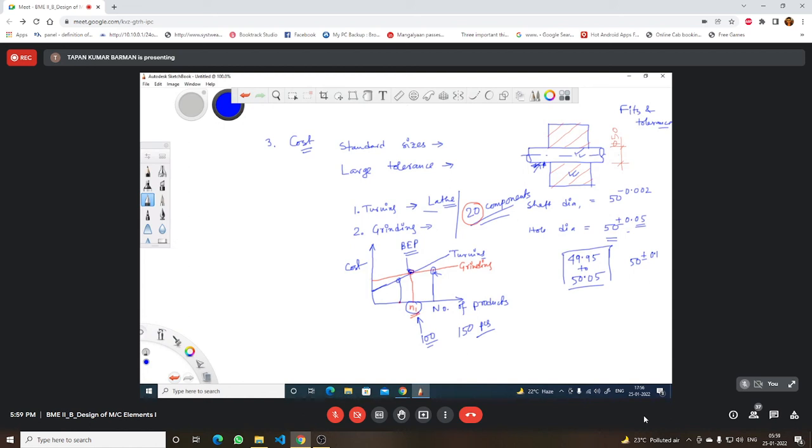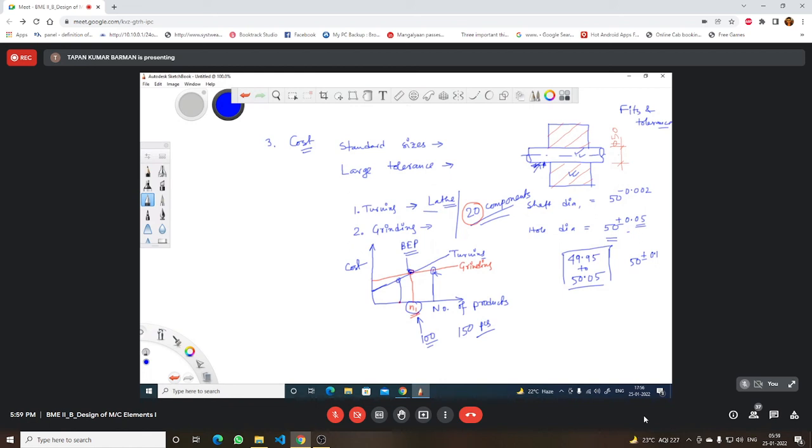Because depending on the manufacturing processes, some mechanical properties may change, some tribological properties may change. So there are different properties, those should be considered at the design stage. And depending on the manufacturing process, you may get different parameters or characteristics of the product. Understand? So this is a very simple thing.